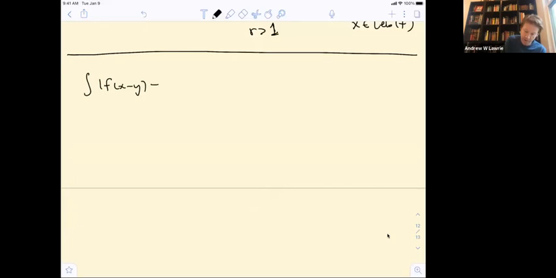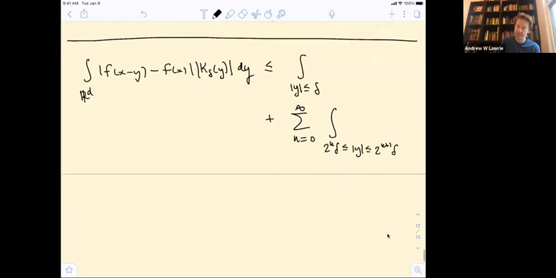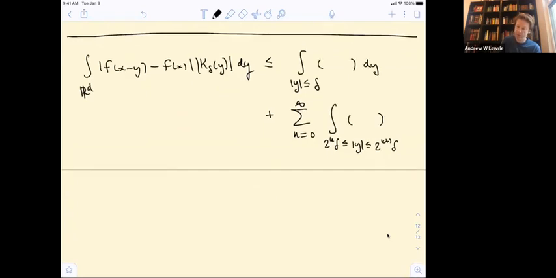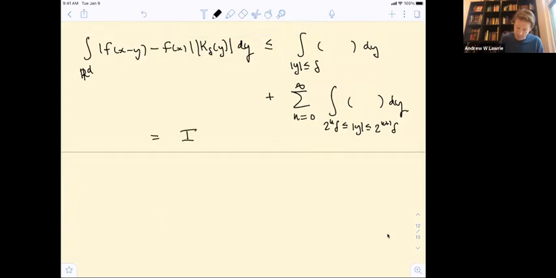The integral of f of x minus y, k delta, over y less than or equal to delta, plus the sum from k equals 0 to infinity of the integral over 2 to the k delta less than or equal to y less than or equal to 2 to the k plus 1 delta of the stuff inside the integral. And I'll call these pieces 1 plus 2.